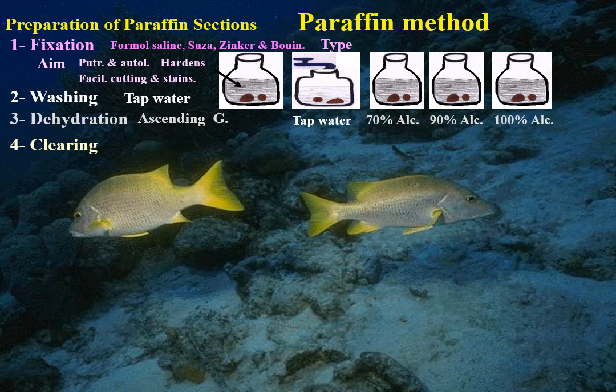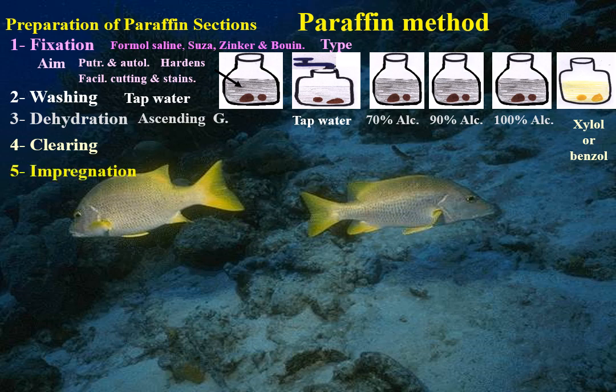Clearing is done by placing the tissues into a paraffin solvent, as alcohol used in dehydration is not miscible with the wax in which the tissues are finally going to be embedded. The paraffin solvent used is xylol or benzol. By placing the tissues into the paraffin solvent, the tissues become translucent and clear. So, this step is called clearing.